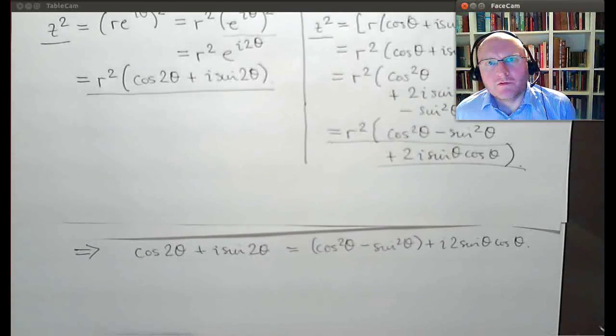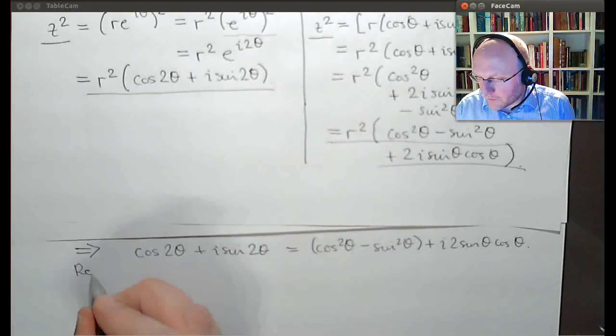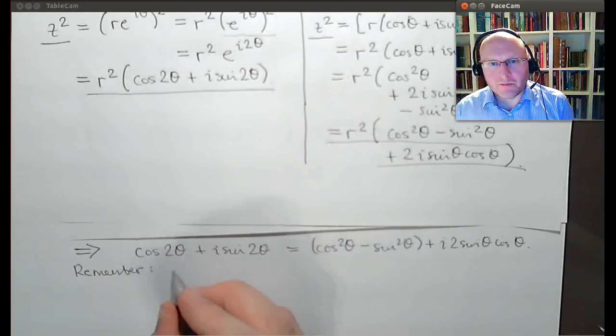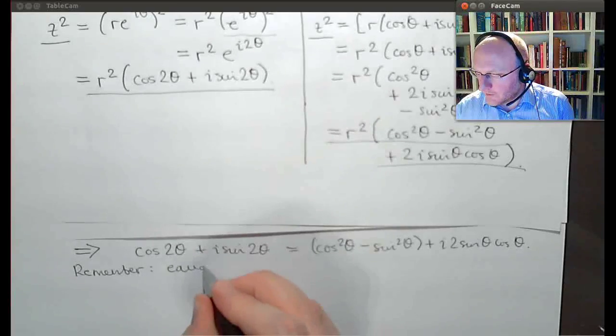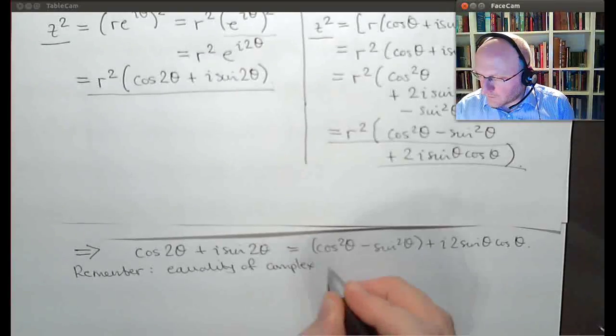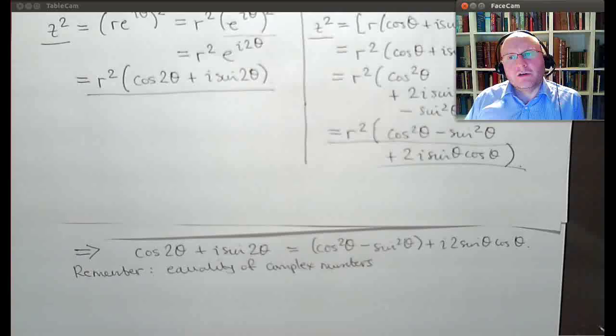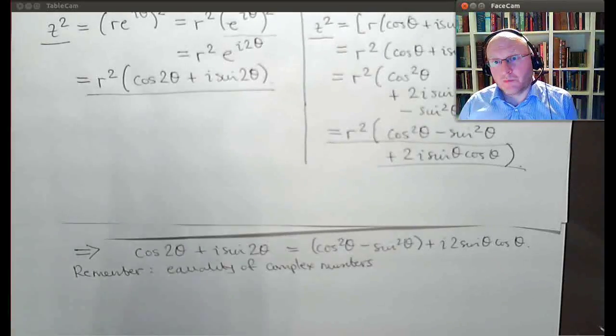Okay, well this doesn't appear very useful so far, but there's one crucial thing that we need to remember. So we need to remember that equality of complex numbers means equality of both the real and imaginary parts.